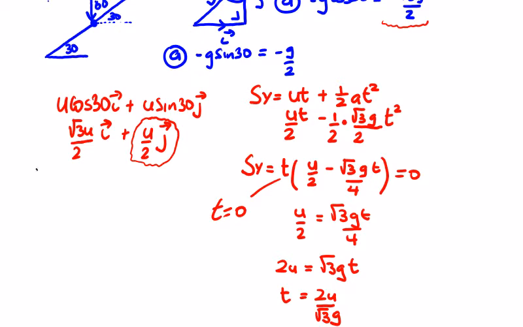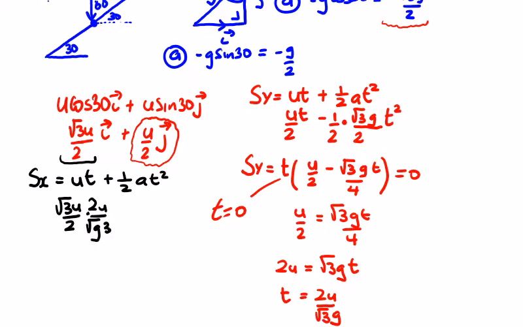So now we need to look at the displacement in the x direction or the I direction. So that would normally be ut with the horizontal plane, but here we have the acceleration for s of I or s of x. So the initial is this root 3u over 2 times the time, which we've just gotten to be 2u over root 3g. Sorry, they're the wrong way around.